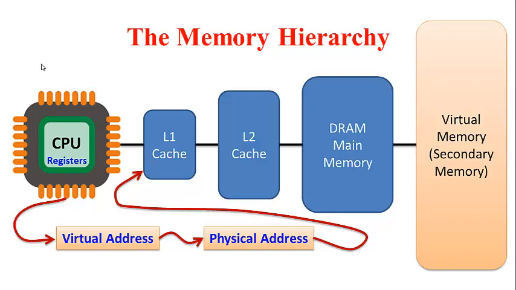This diagram shows 2 levels of cache between the CPU and the main memory. The one closer to the CPU is called L1 cache. The one further away from the CPU is called L2 cache. Many systems also have an L3 cache between the L2 cache and the main memory, but that's not shown in this diagram.